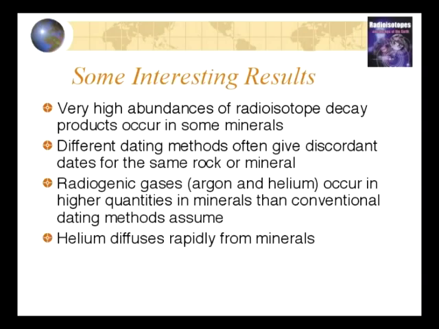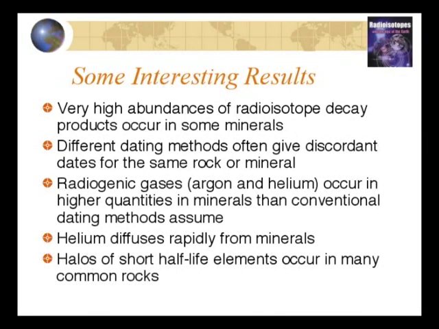How can helium and decay products be so strongly associated with these minerals? And then halos of short half-life elements occur in many common rocks, suggesting rapid crystallization of these rocks in some way, either by fiat creation or by rapid igneous process. So the halos are something that's very interesting.